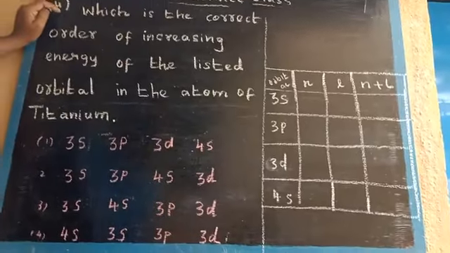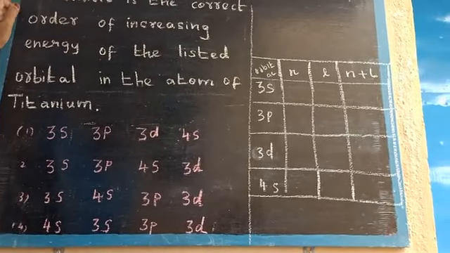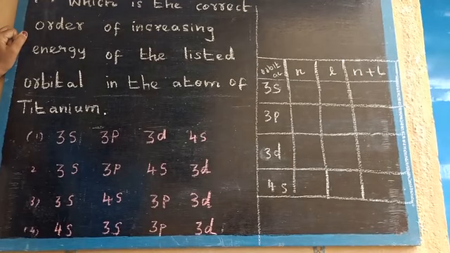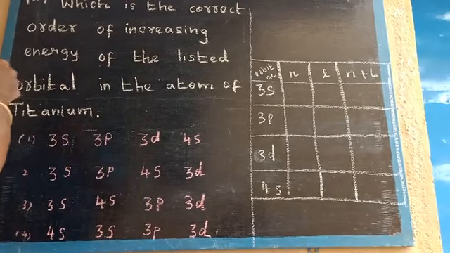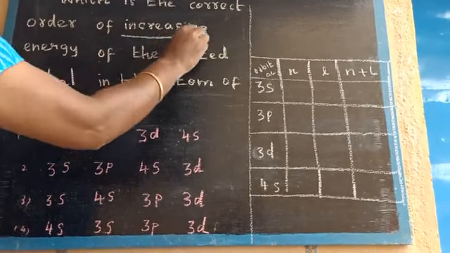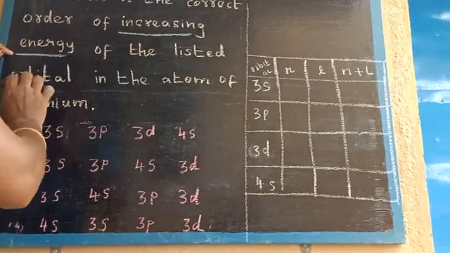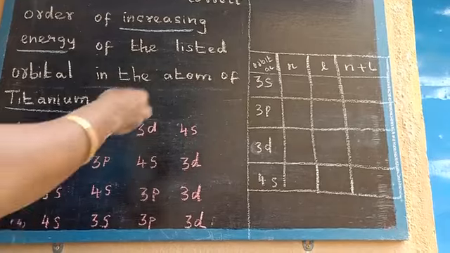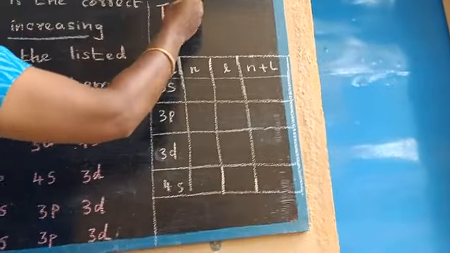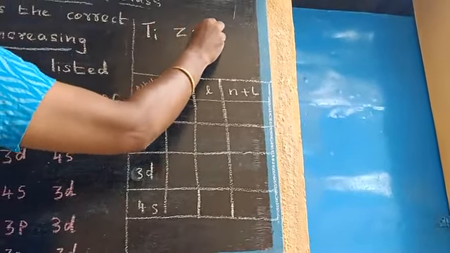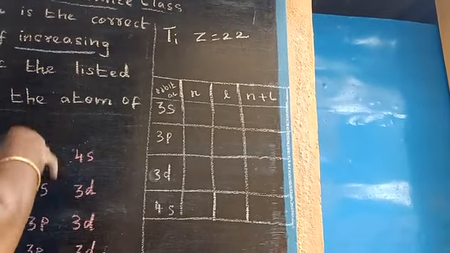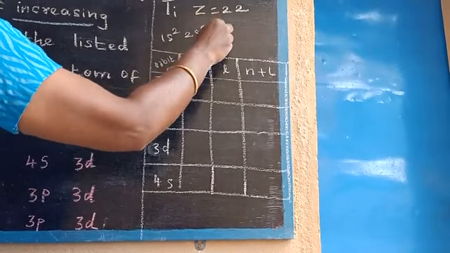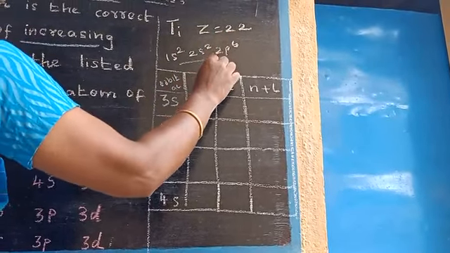Okay, see the question: which is the correct order of increasing energy of the listed orbitals in the atom of titanium? First write the titanium atomic number, 22. Write the electronic configuration: 1s2, 2s2, 2p6, so totally 10.